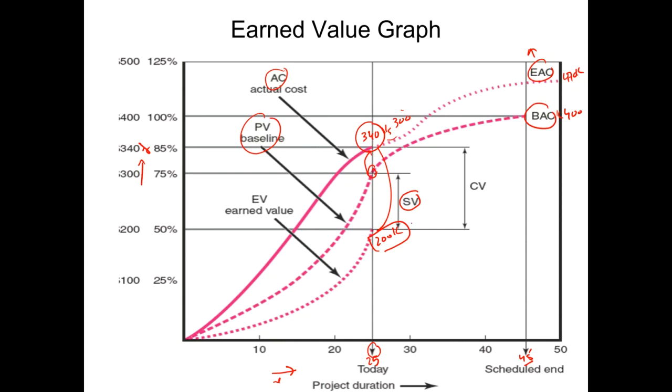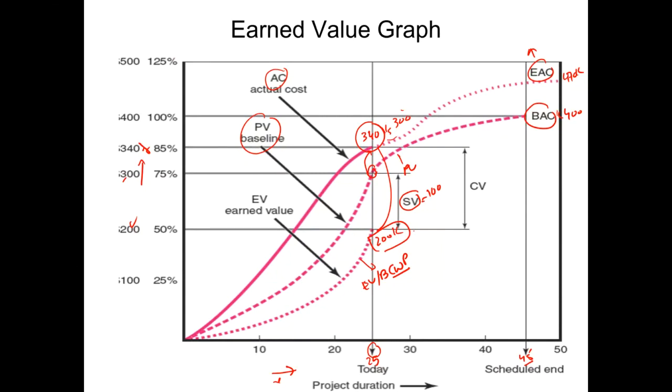It is usually calculated by finding the gap between the PV line, which is this one, and this bottom line, which is called EV, or also, if you are using software, we refer to it as the budgeted cost of work performed. So the schedule variance, if we do this, is 200 minus 300, so it is minus 100. So in terms of schedule, we are falling behind by 100,000 pounds or dollars of work.